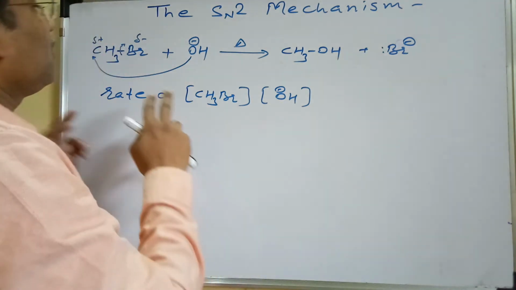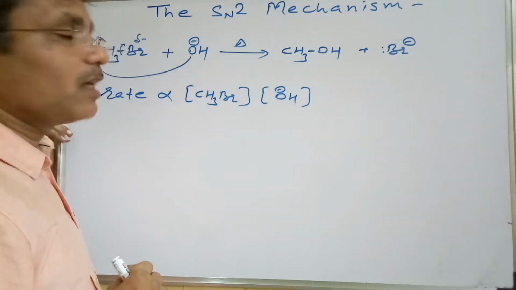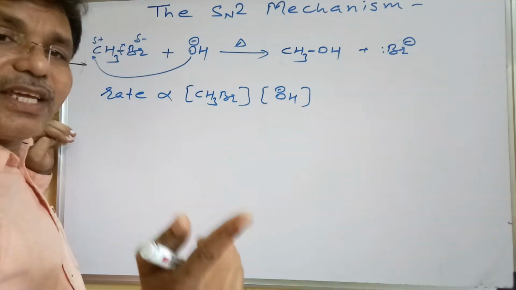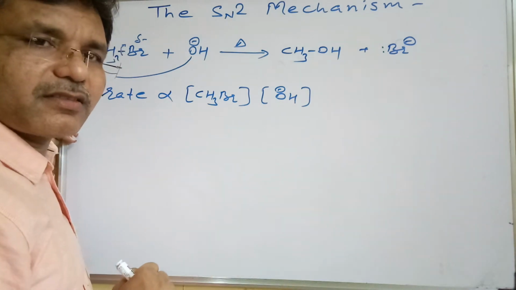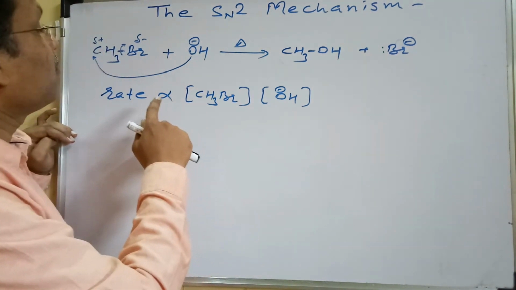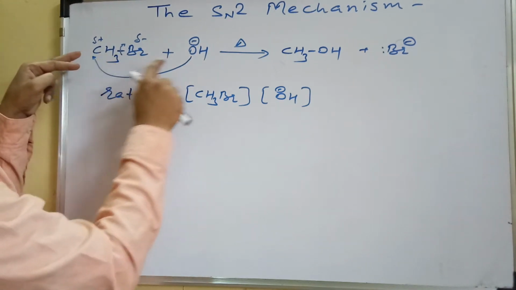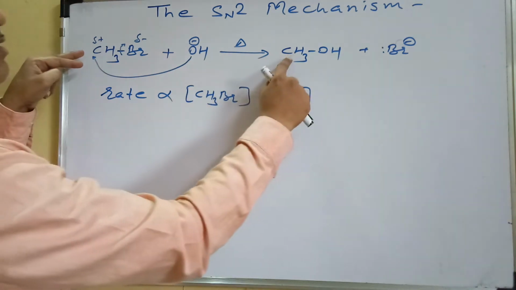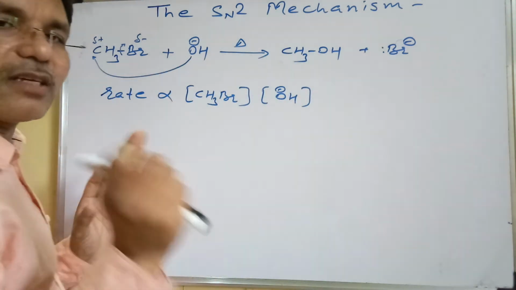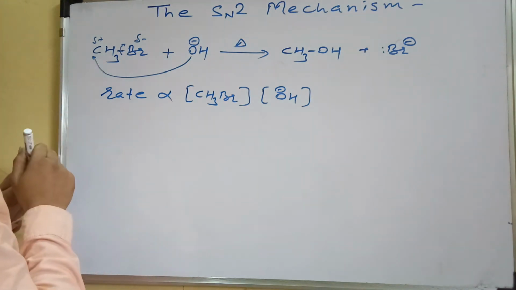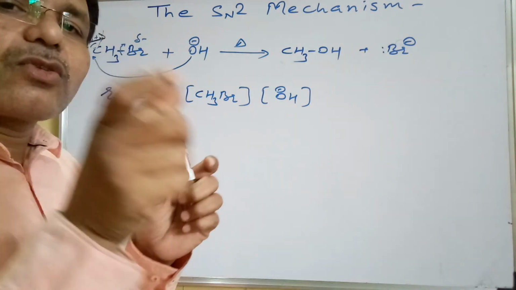That means the reaction takes place in only a single step, in which bond breaking and bond making both take place simultaneously. Here this bond will break and this new bond, the C-OH, will be formed. When both processes take place simultaneously, this indicates that both are involved in the slowest step.